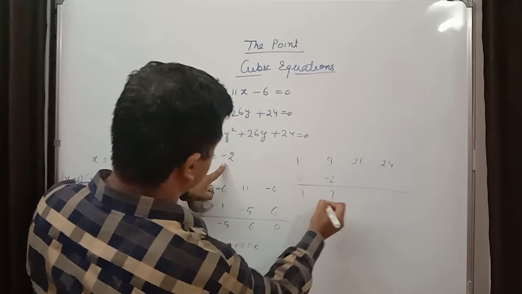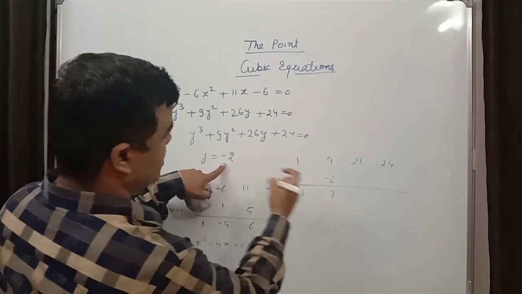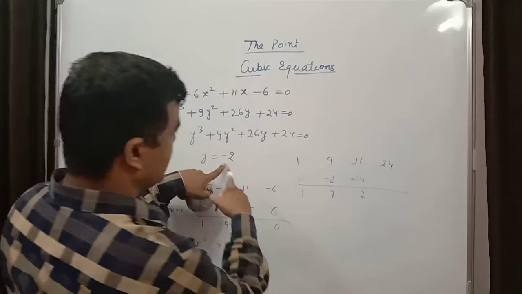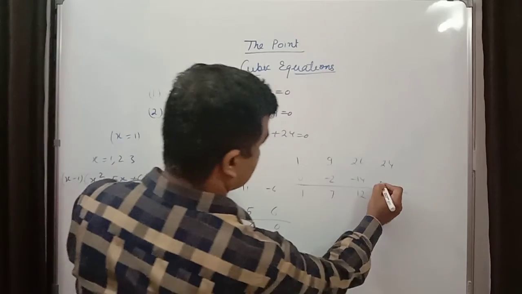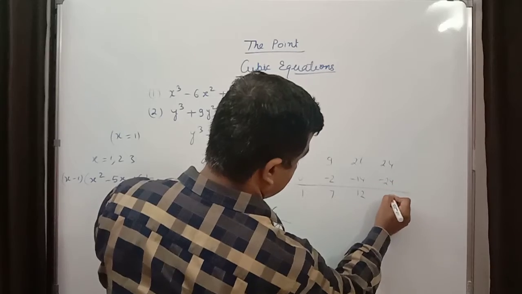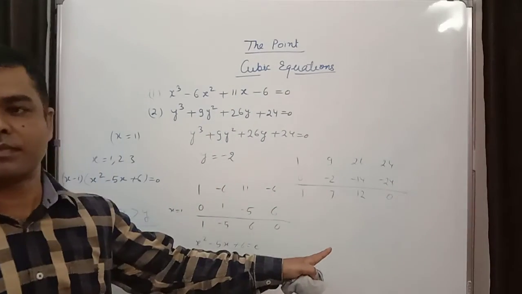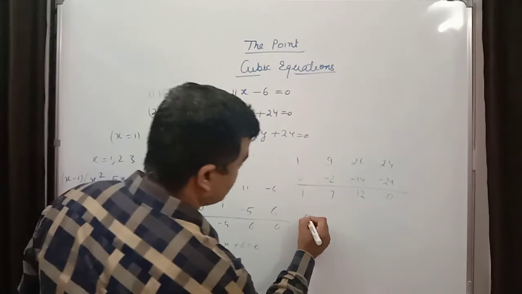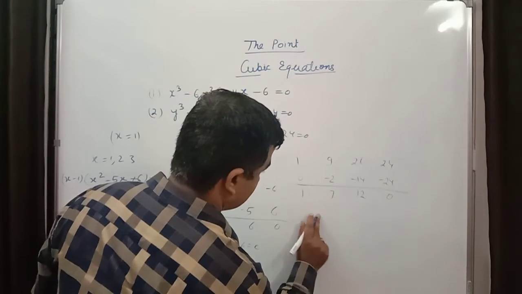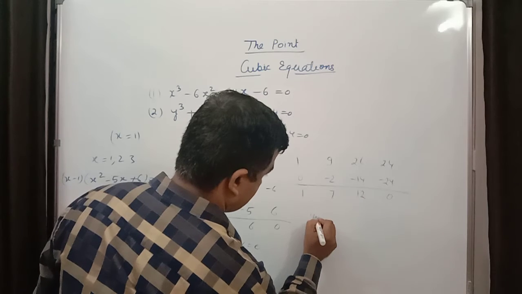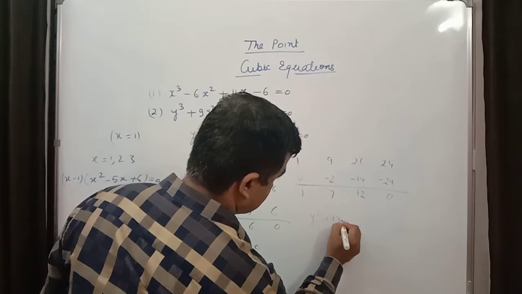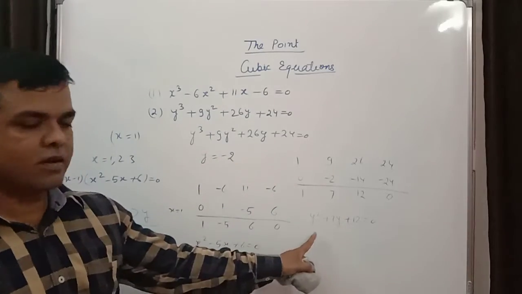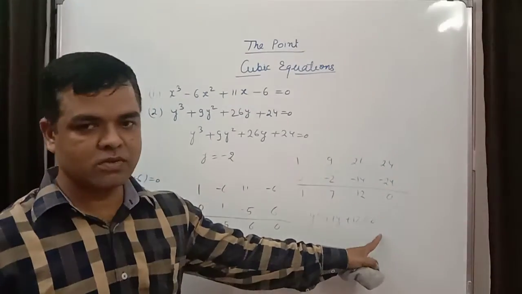Add this, 7 will come. Then again multiply: 7 into minus 2 is minus 14. Then 12 will remain. Then 12 into minus 2 is minus 24, and at the end 0 should come: minus 24 plus 24 is 0. So at the end, the equation will be y square plus 7y plus 12 is equal to 0.